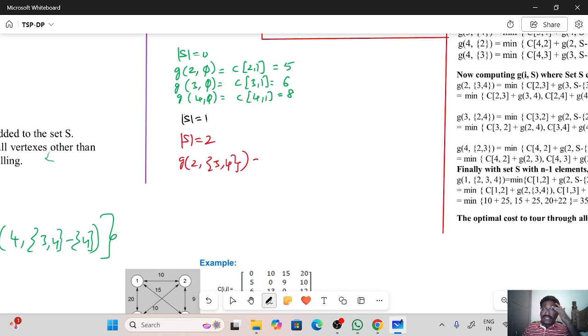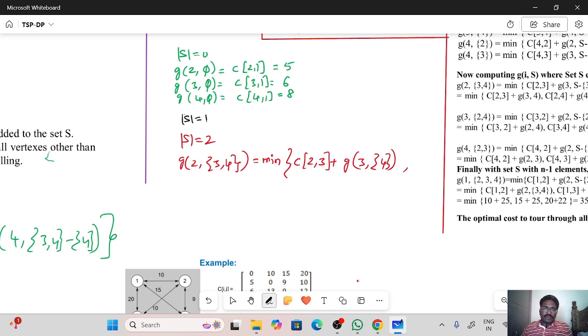So, what is the equation of this one? I am going to write the equation for this one, and the rest you must write yourself. The minimum of cost of 2 to 3 plus g of 3 with the other vertex in the set. When you visit 3, what is the other vertex within that set? 4. So, g of 3 4, already evaluated earlier.